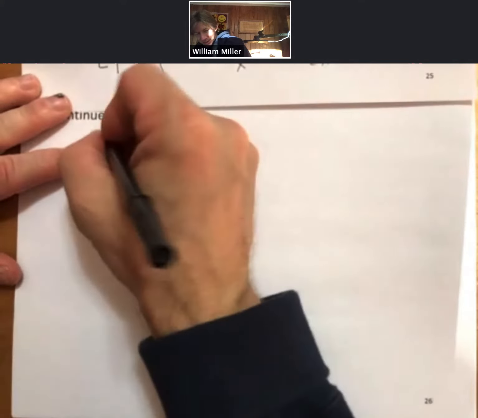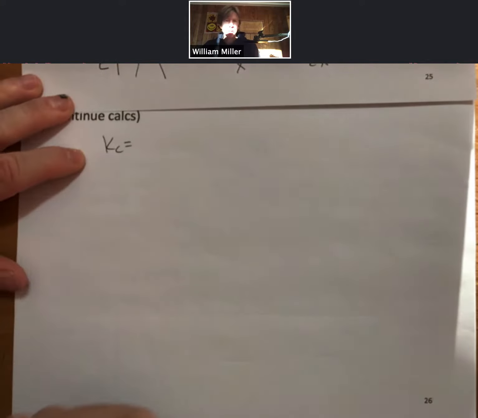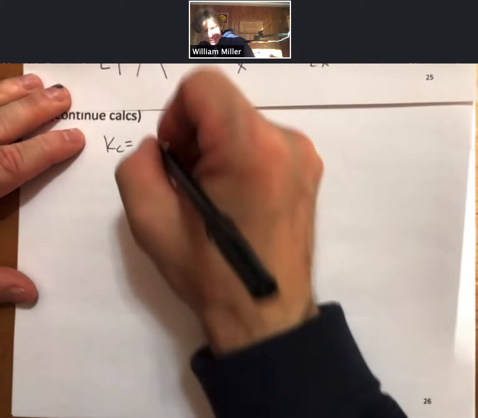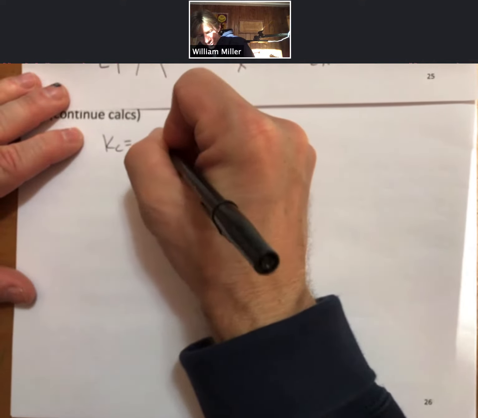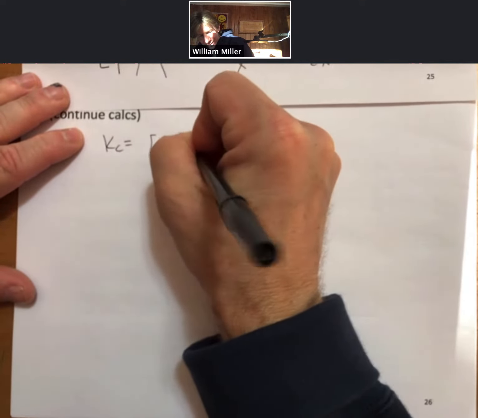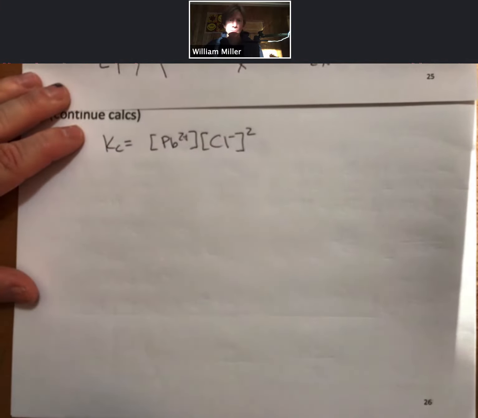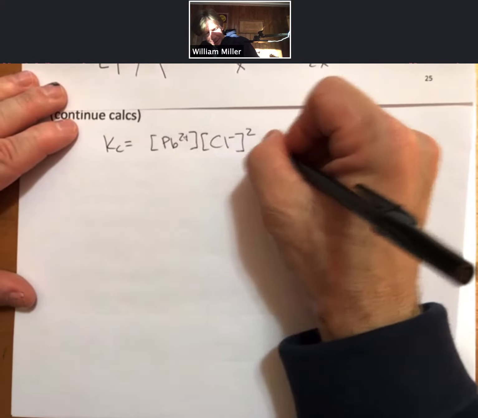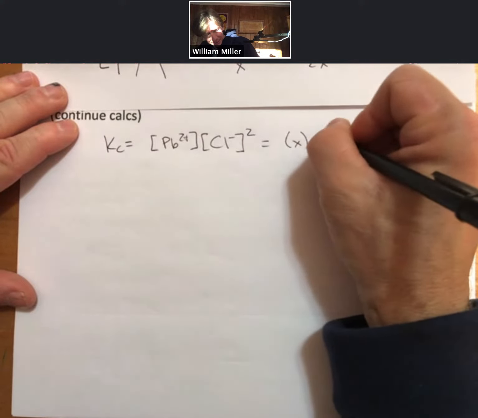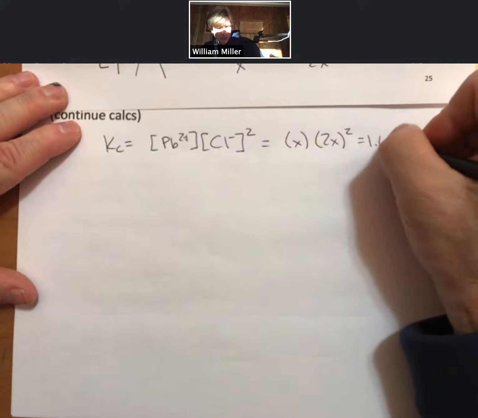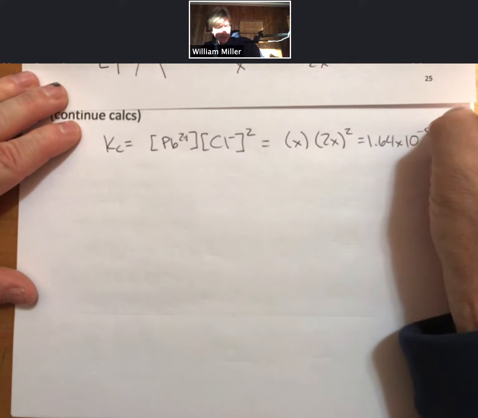Now, we'll write out our equilibrium constant expression. For our equilibrium constant, it's going to be concentration of lead 2 ions times concentration of chloride ions squared, equals x times 2x squared, and it equals 1.64 times 10 to the minus fifth.